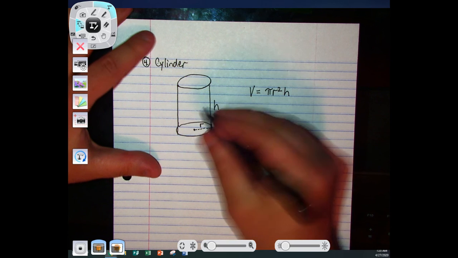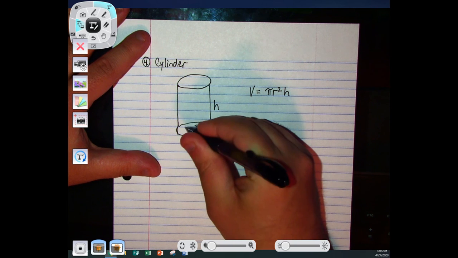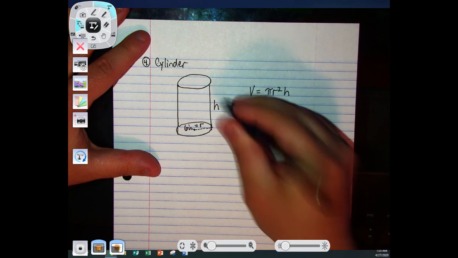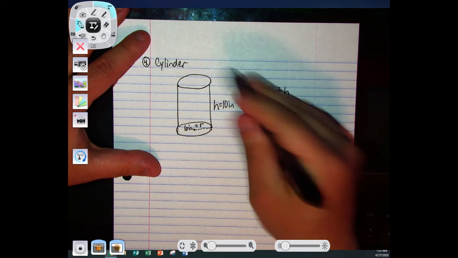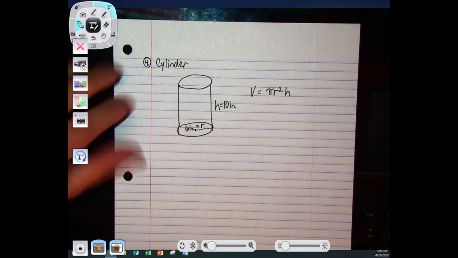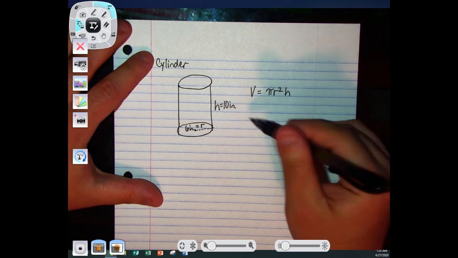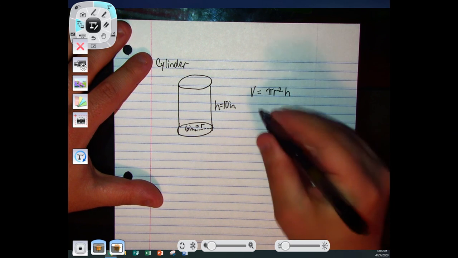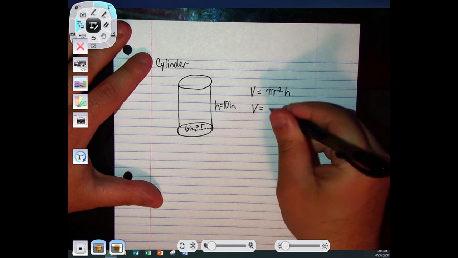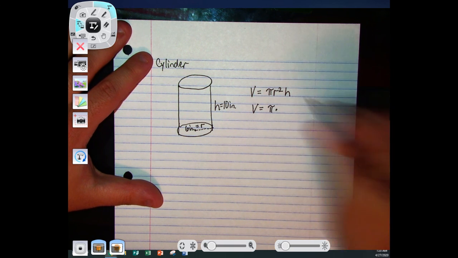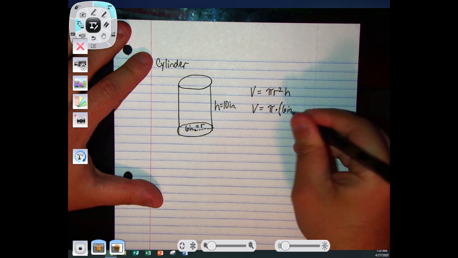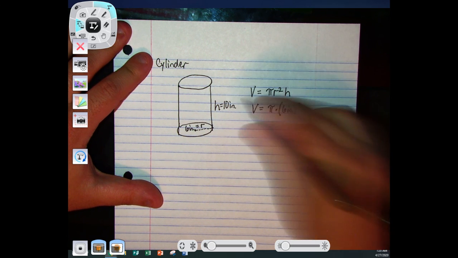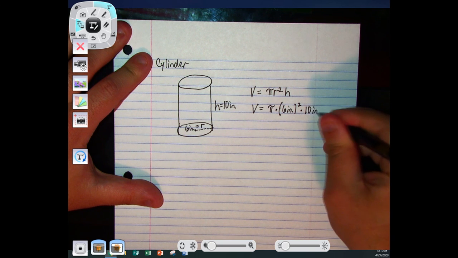For example, if they tell me that the radius of my circle is 6 inches and the height of my cylinder is 10 inches, and to find the volume, it's a substitution. Pi times the radius squared, so 6 inches squared, times the height, which is 10 inches.